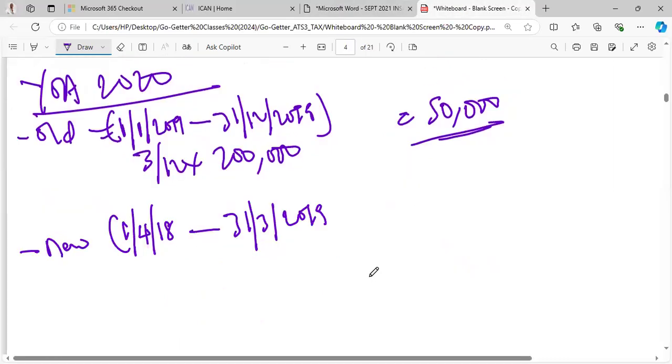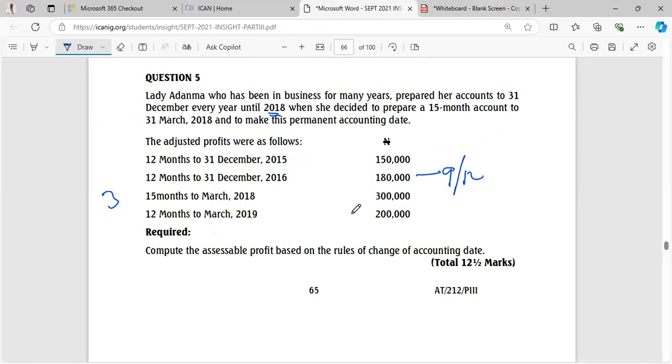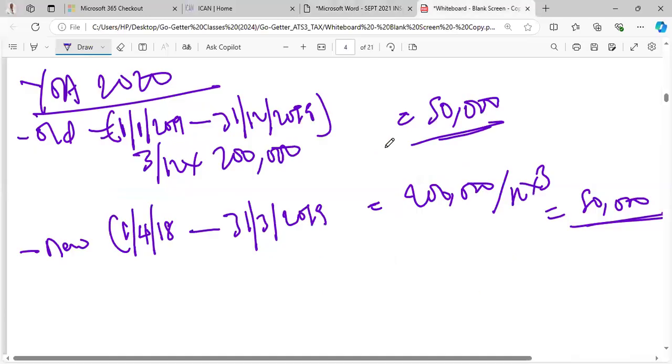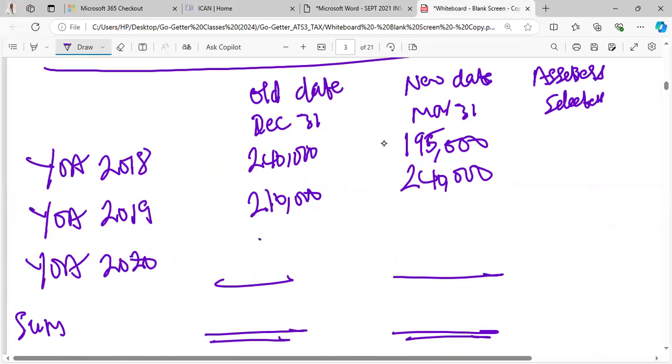Normally it is 200,000, but since we've taken 3 months up here, we are still going to take 3 months. So divided by 12 multiplied by 3, which gives me 50,000, just like we calculated here. So 50,000 in each case. So we'll put 50,000 here and 50,000 here.